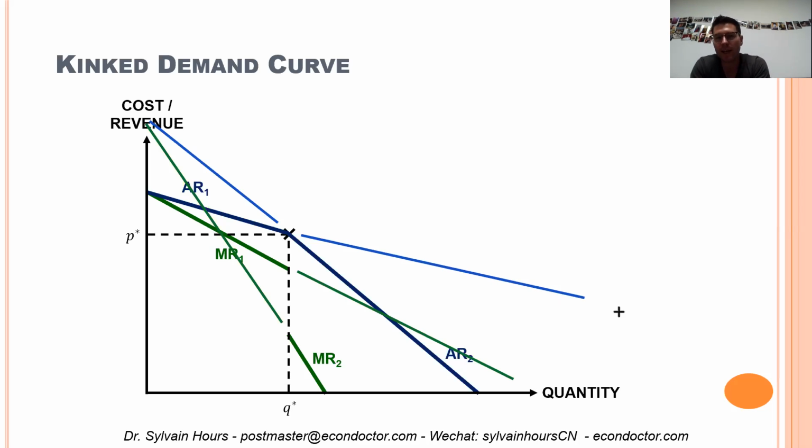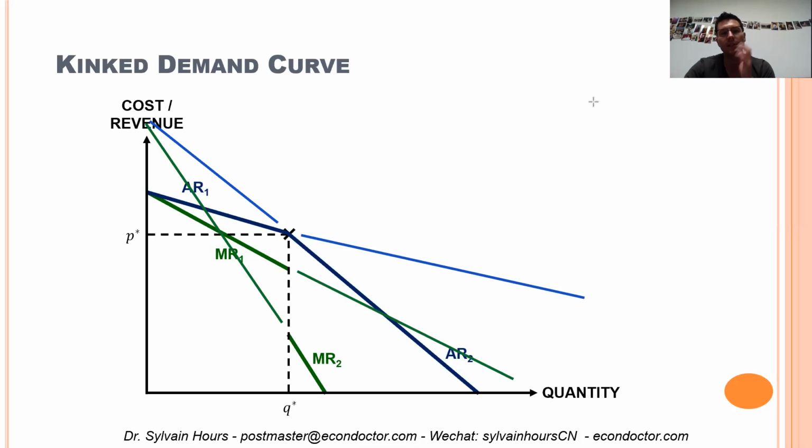So you basically have these two demand curves, these two marginal revenue curves, and above P star you are on one particular demand curve, and below P star you are on the other demand curve. Simply because you have different expectations about what your rivals will do if you increase or if you decrease the price.